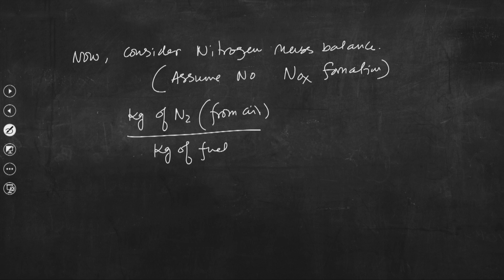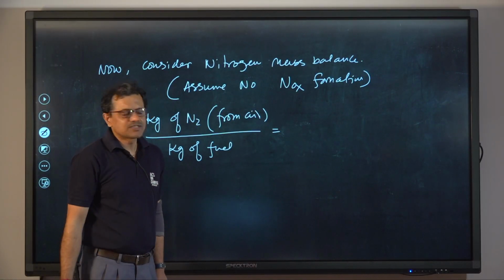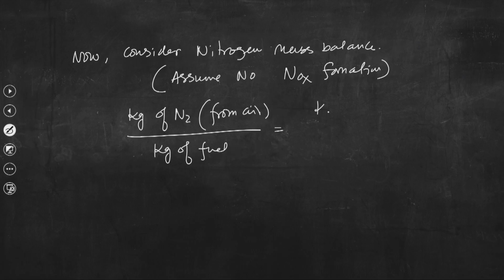Essentially, whatever nitrogen we are getting from the air, if that nitrogen is not taking part in NOx formation, that nitrogen will be there in the DFG also.